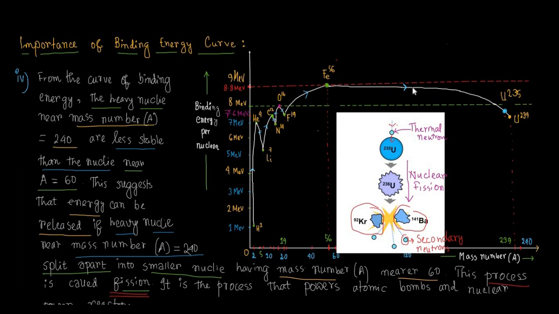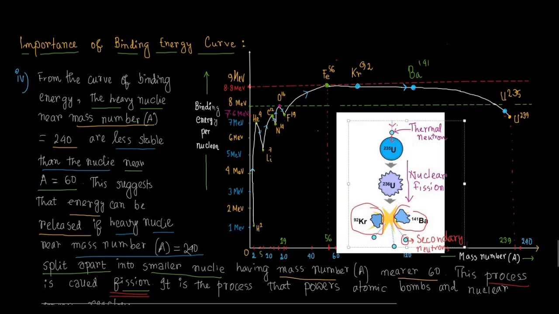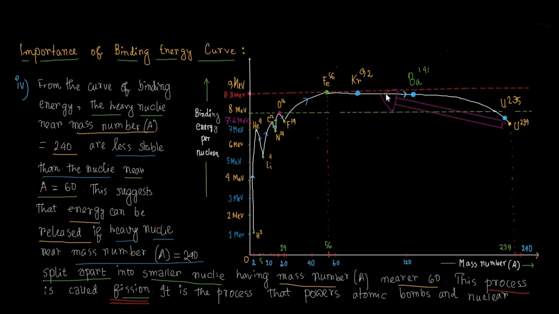Now we can denote the position of the uranium 235 nucleus, the barium 141 nucleus, and the krypton 92 nucleus on the binding energy curve. This is the direction along which nuclear fission of the uranium 235 isotope will occur.